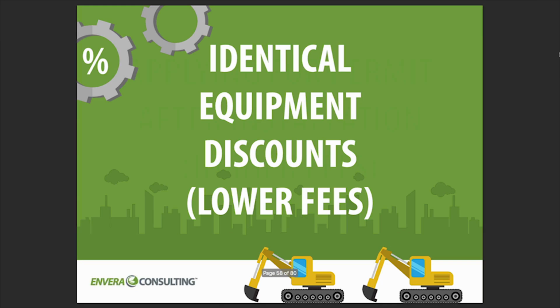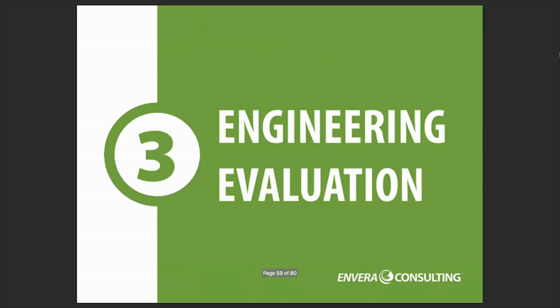On the other hand, if you're permitting multiple pieces of identical equipment, then you can actually apply for a discount which will lower the fees. So in general, there are a number of fee modifiers that are outlined in Rule 301 that you can take advantage of when preparing your permit application that will modify your fees either upward or downward depending on the situation.